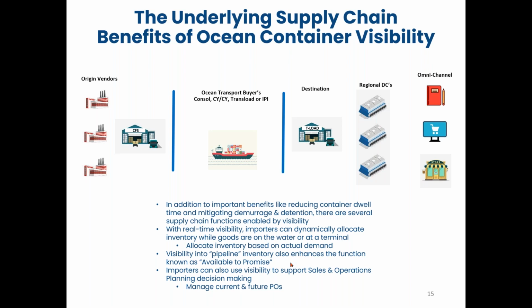Most importers are going to have, well, they all should in some way, shape, or form, maybe it's a spreadsheet, maybe it's a full-blown ERP, an inventory management system that, for example, says of that style of jean that we alluded to a moment ago, we have 10,000 in inventory, but 7,500 of them have already been promised to a store or promised to a white label client. It's already been spoken for. That's what available to promise is.